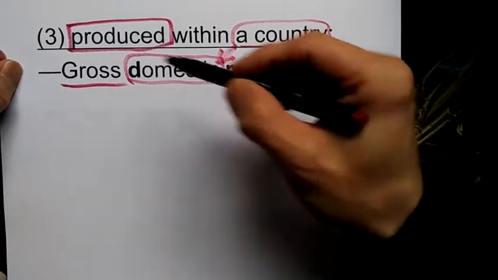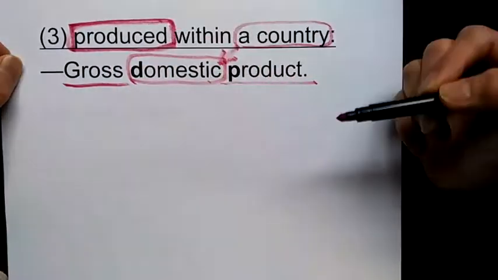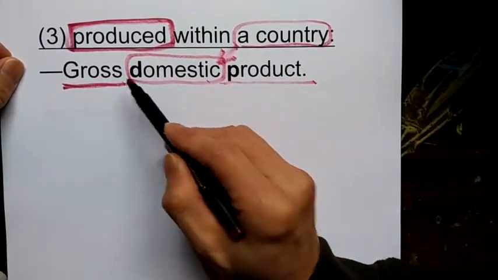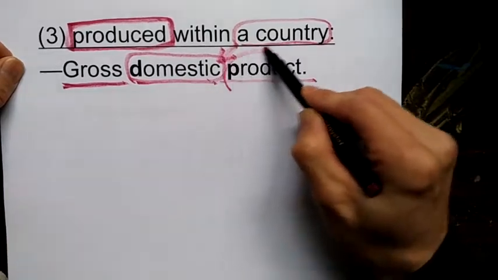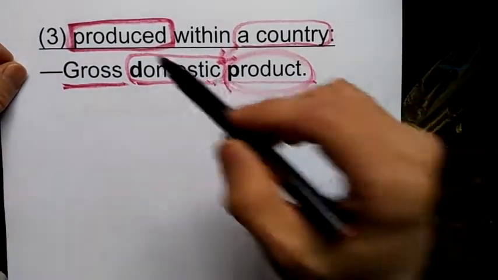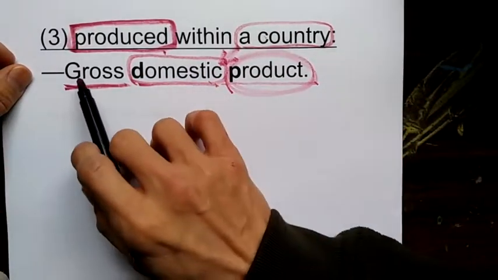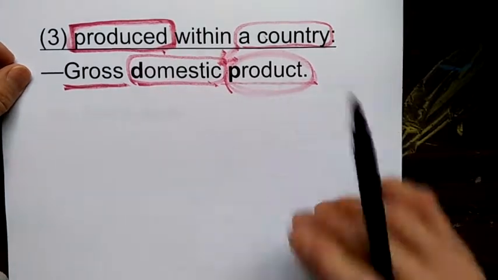The key word here is produced. So the goods must be produced within a country to be counted as gross domestic product.